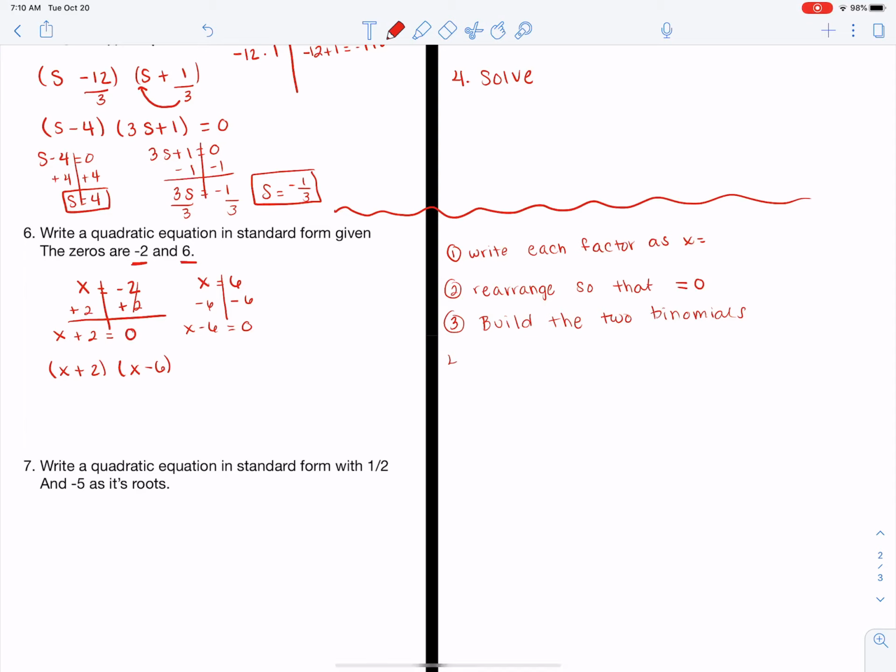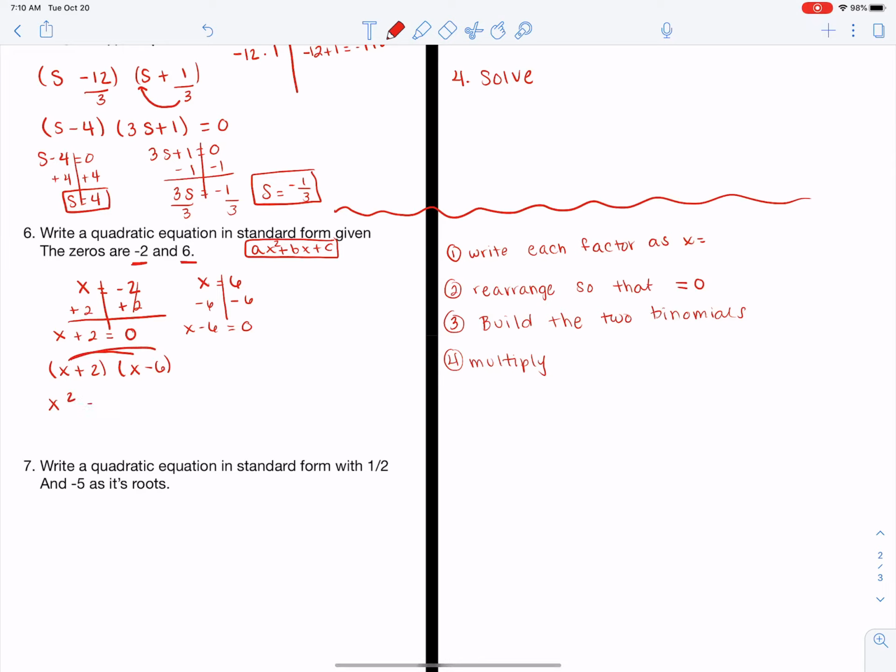Okay, step 4, I need to multiply so that I'll have standard form, because standard form is ax squared plus bx plus c. So I need to take these two sets of parentheses and I need to multiply them so it looks like that instead. So x times x, x squared.